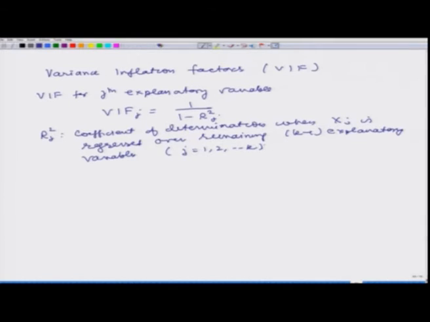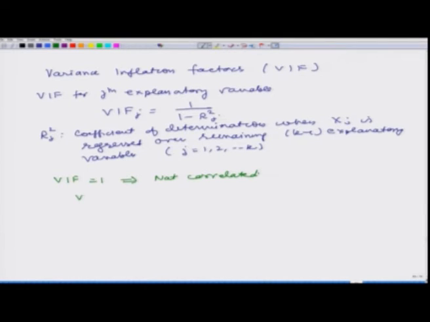So now this variance inflation factor is easily available in any software output, and it is part of the output of a regression analysis, and it has the following interpretation: if we are getting a variance inflation factor equal to 1, this indicates that the explanatory variables are not correlated.